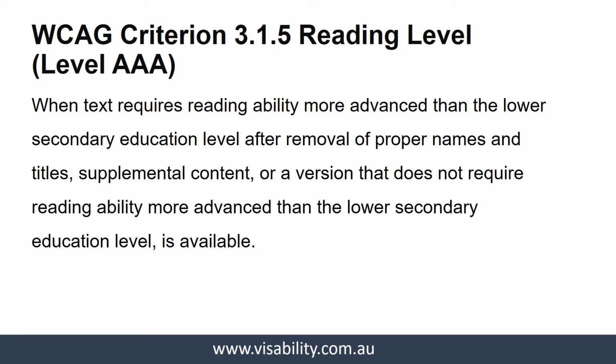When we consider Web Content Accessibility Guidelines, or WCAG, criterion 3.1.5 reading level for a AAA rating, it states that when text requires reading ability more advanced than the lower secondary education level after removal of proper names and titles, then supplemental content or a version that does not require reading ability more advanced than the lower secondary education level is available.